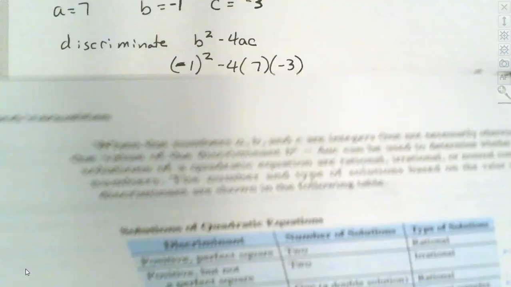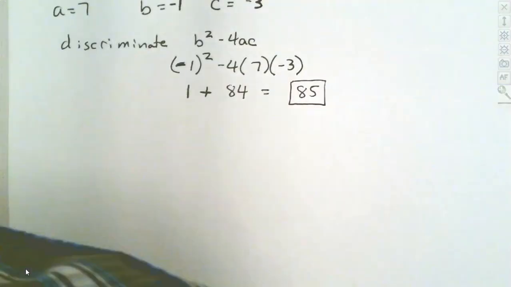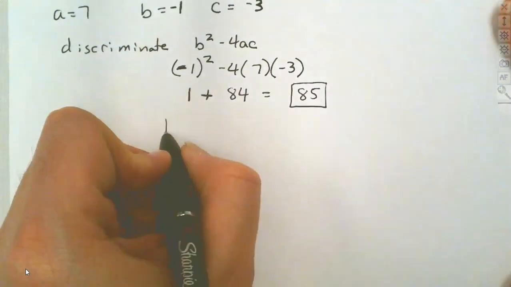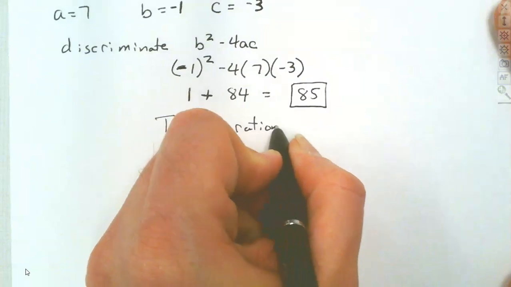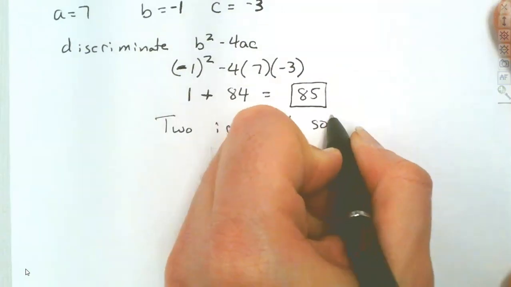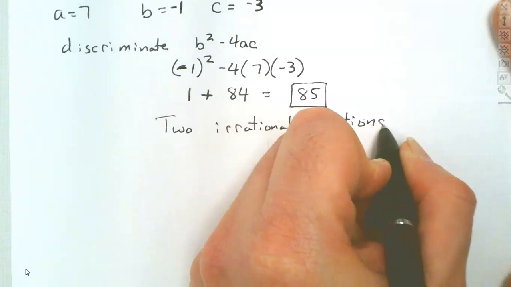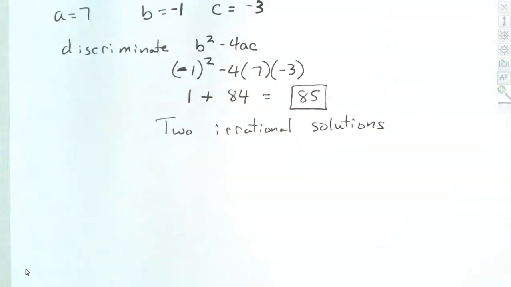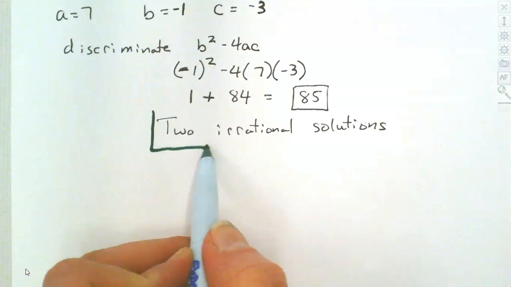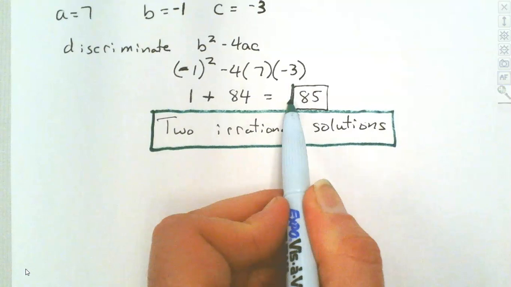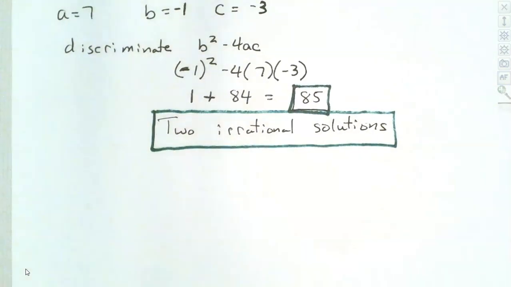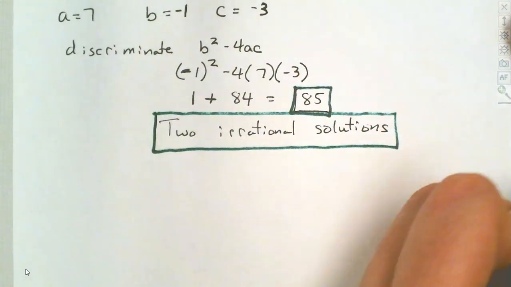So our answer here would be 2 irrational solutions. And if that would have been, let's say, a 25, then it would be what? Then it would be 2 rational solutions, right? But in this case, it's 2 irrational because 85 is not a perfect square.